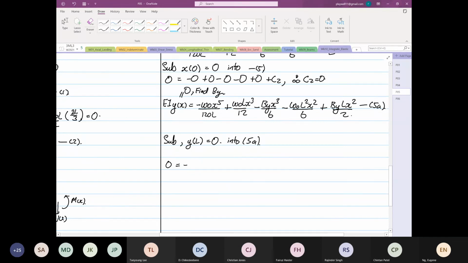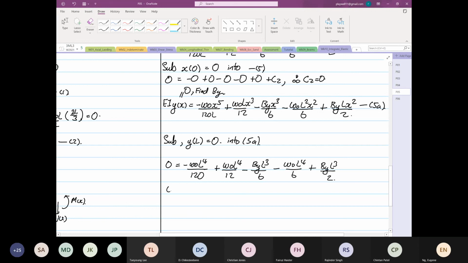This will be equal to minus omega naught L^4 over 120 plus By omega naught L^4 over 12 minus By L cubed over 6 minus By omega naught L^4 over 6 plus By L cubed over 2.